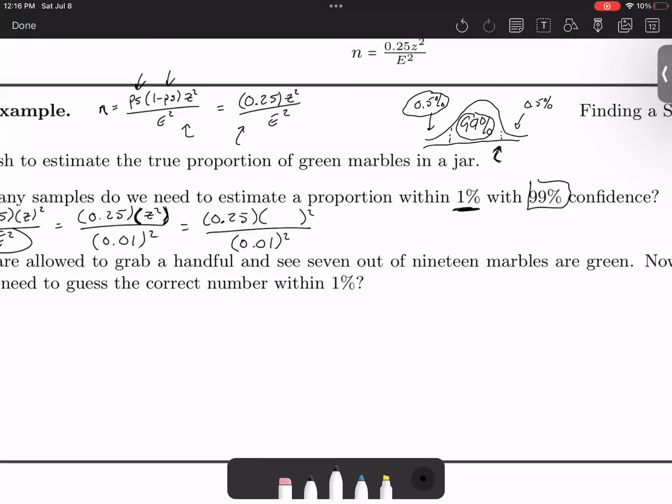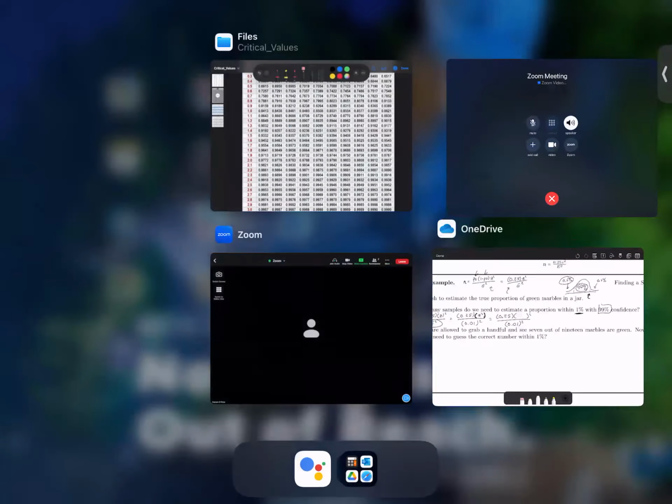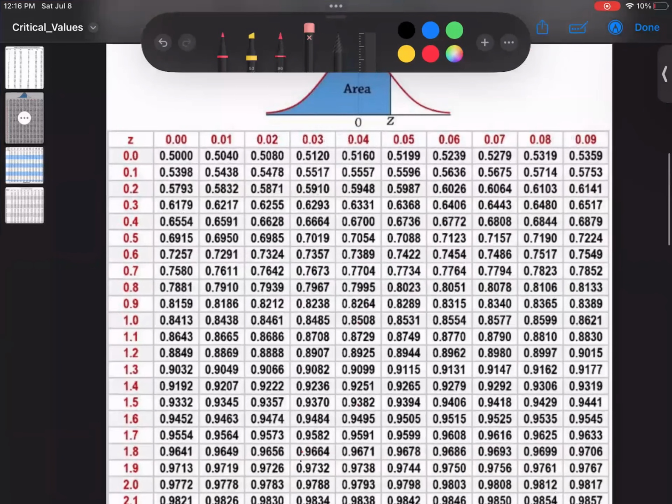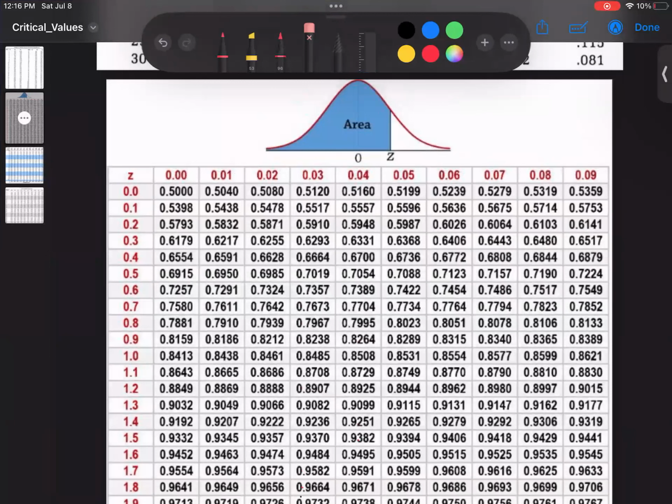Let's navigate to our z table. I'm looking for the z-value that has 99.5% or 0.995. That's how much area to the left of the z-value that I want.